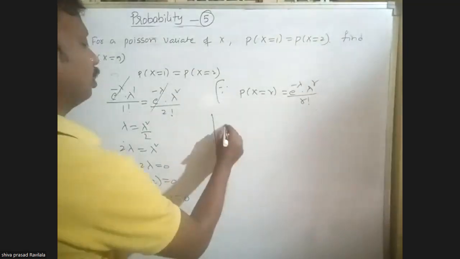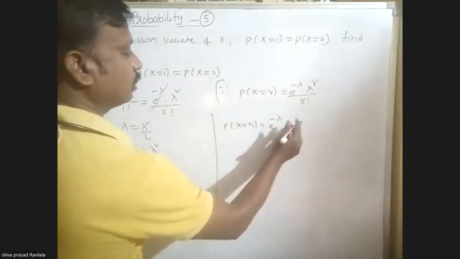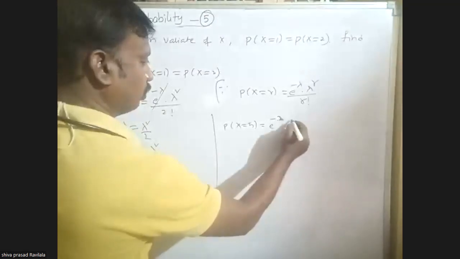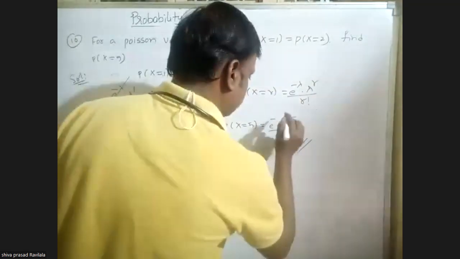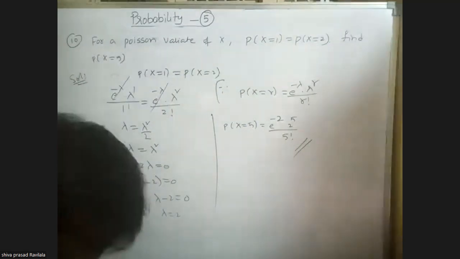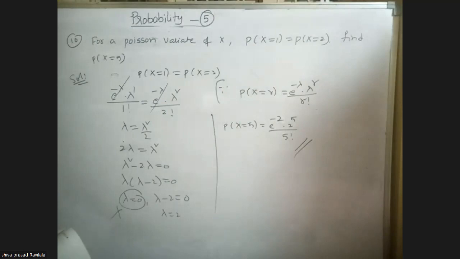Then they ask probability of X is equal to 5, which is e power minus lambda into lambda power 5 by 5 factorial, that is e power minus 2 into 2 power 5 by 120. 2 power 5 is 32, so 32 by 120 into e power minus 2. Completed, students?